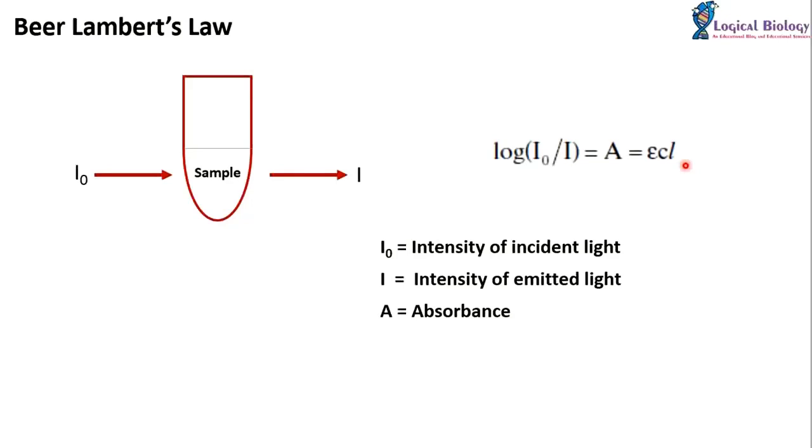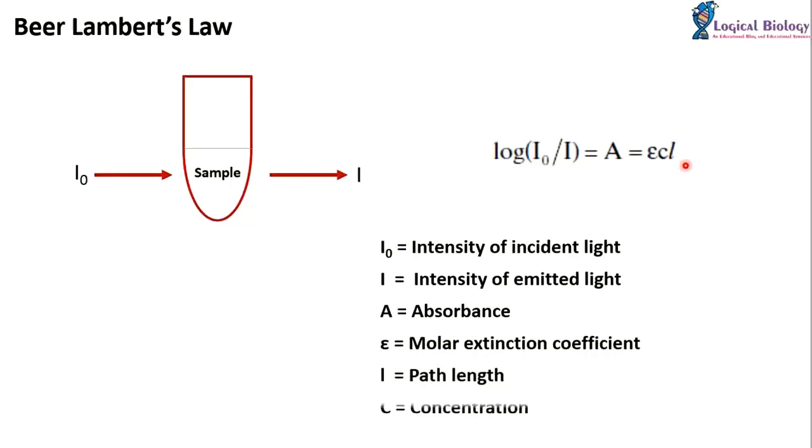So that is the main parameter of the whole system by which we decide how much light is absorbed by the sample. Now the absorbance is equal to epsilon C L, where epsilon is the molar extinction coefficient, C is the concentration of the sample in molarity, and L is the path length.